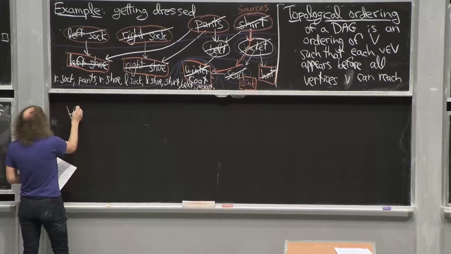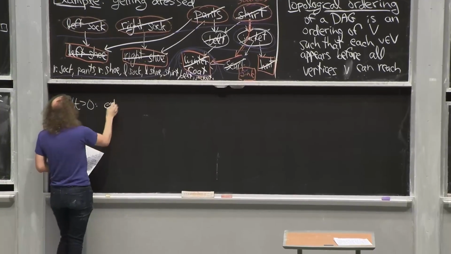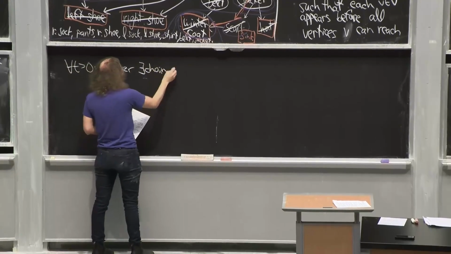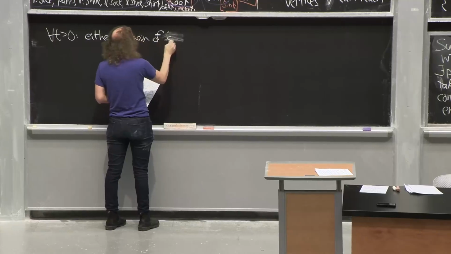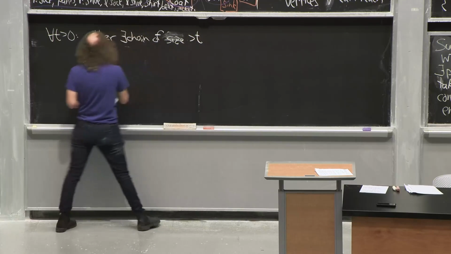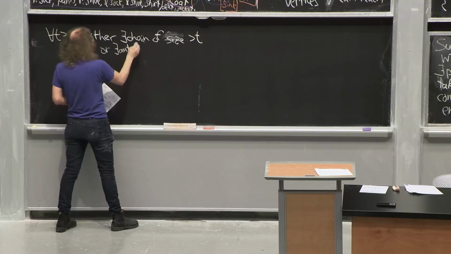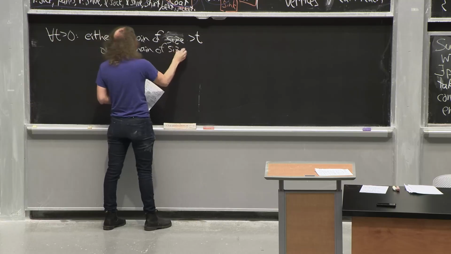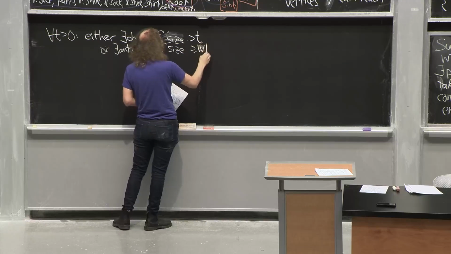So for example, for any t, either there exists a chain of size greater than t, or there exists an antichain of size at least n over t, or I guess size of vertices over t.